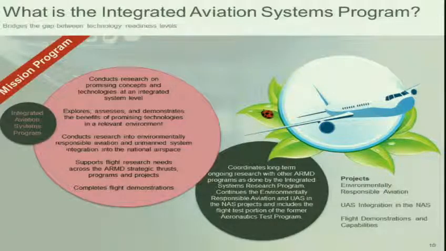Now, the exciting thing that we have in the new part of our structure in Integrated Aviation Systems has to do with this renewed flight emphasis. And so we're looking at that in two aspects. So part of that is the capability that we're inheriting from the ATP program, from our test capabilities, and it's the flight aspects of that.